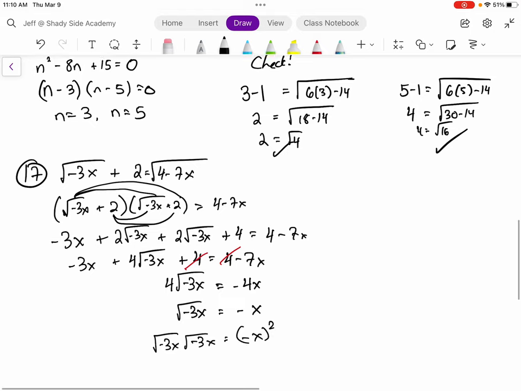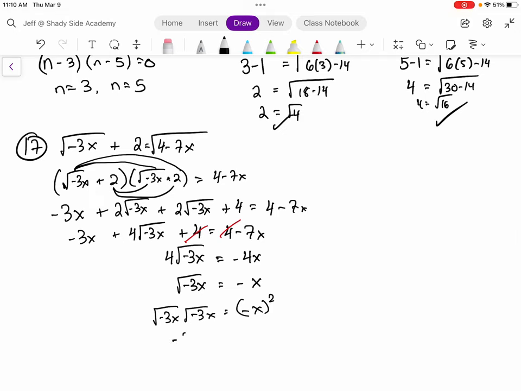Okay, because we're squaring both sides. The left becomes negative 3x, and the right becomes just x squared, because the negative is going to cancel. And then that would mean I would have 0 equals x squared plus 3x on this side.